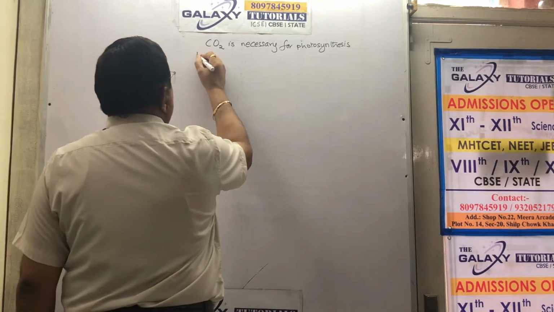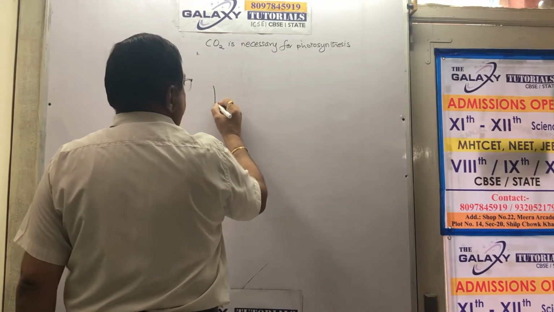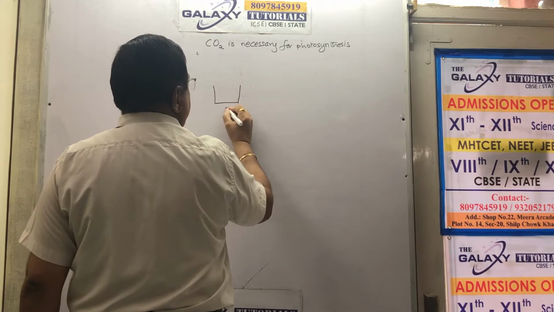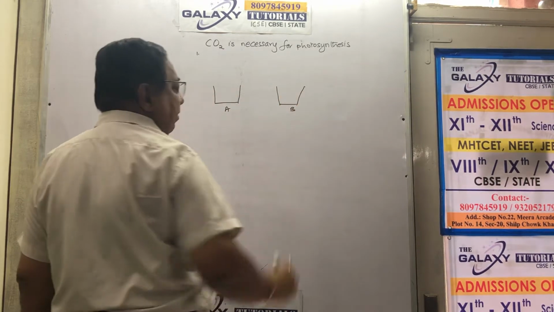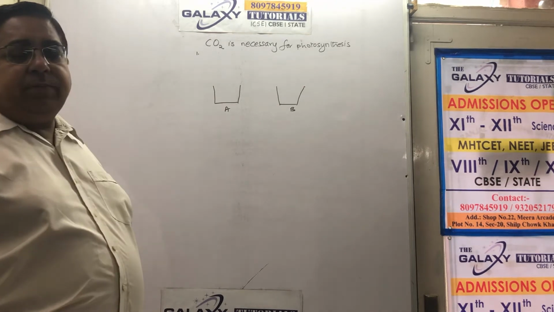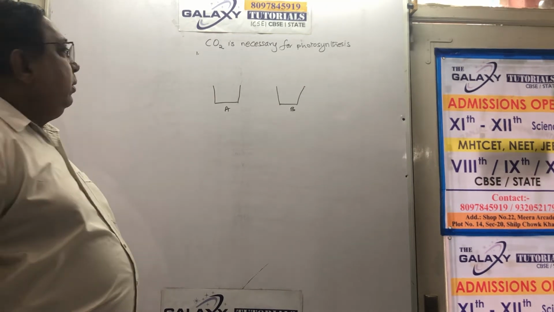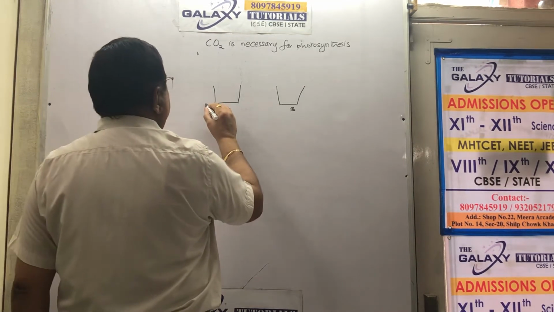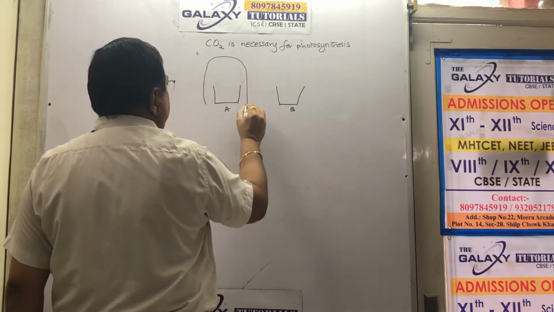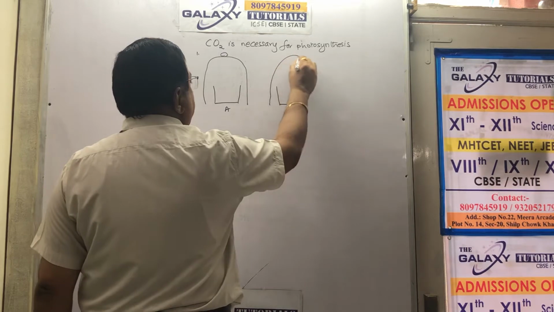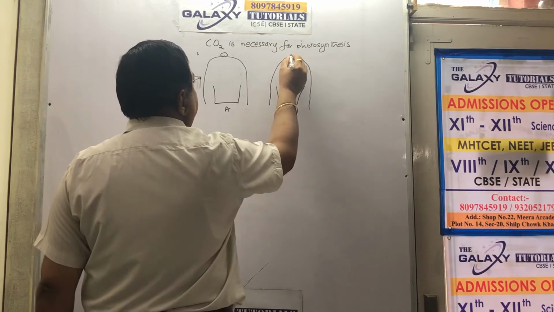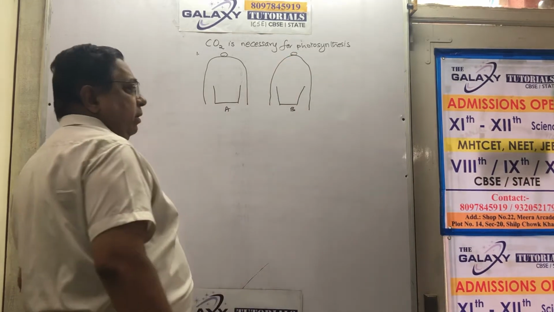First, we take two plants. This is my plant A and potted plant B. I will take a small, young plant because it has to fit, and I will place a bell jar on top of it. A bell jar is a transparent vessel, as you can see in my diagram, with a handle at the top to lift.